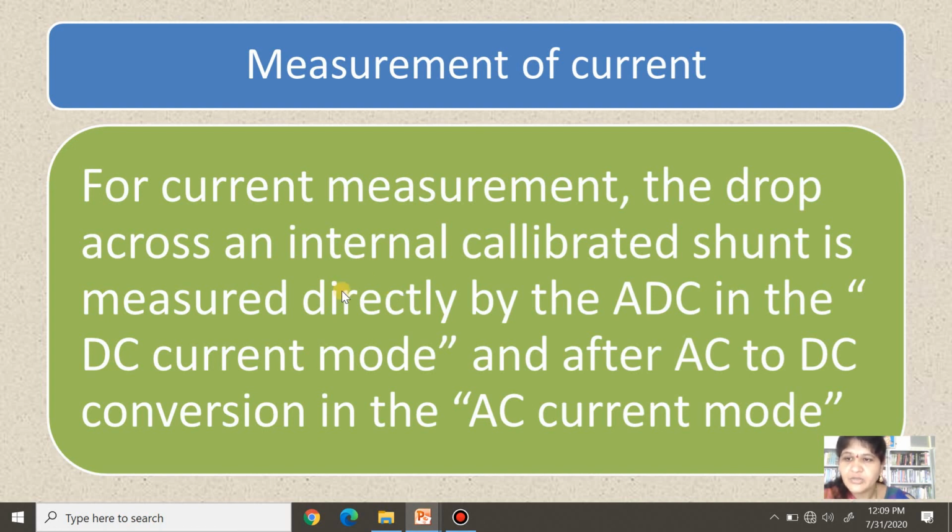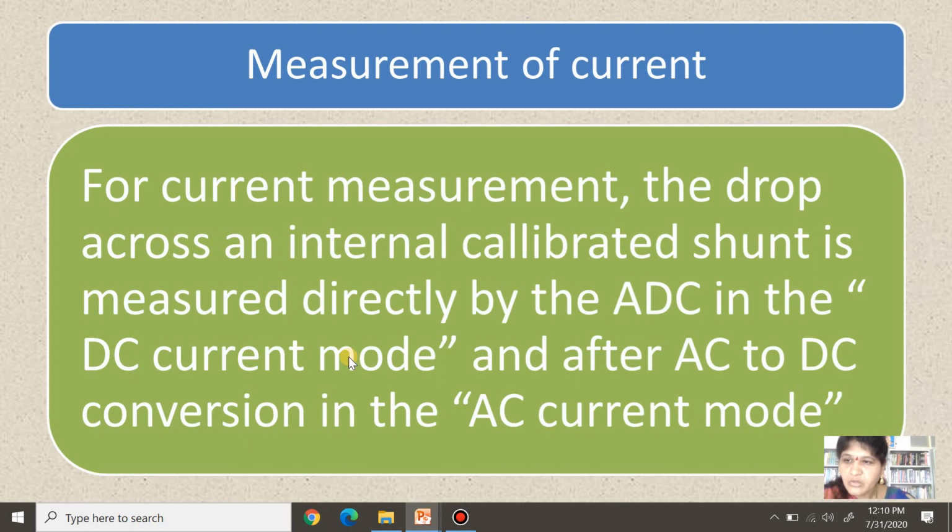So current is measured directly by the A to D converter in the DC current mode. If you want to measure the DC current, we can directly use Ohm's law, V is equal to IR, so current will be equal to V by R. If we measure the voltage drop across that shunt and the shunt value is known, the DC current can be measured directly.